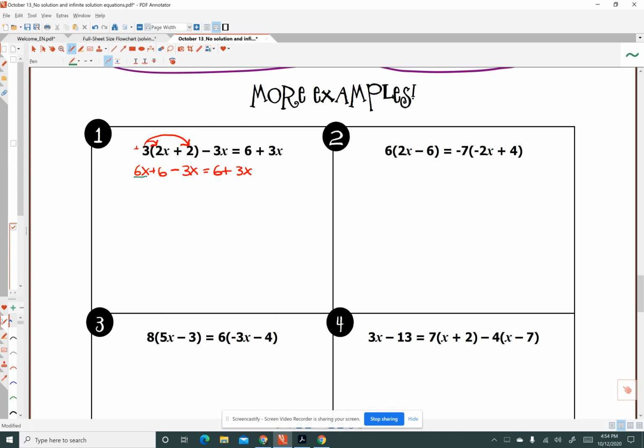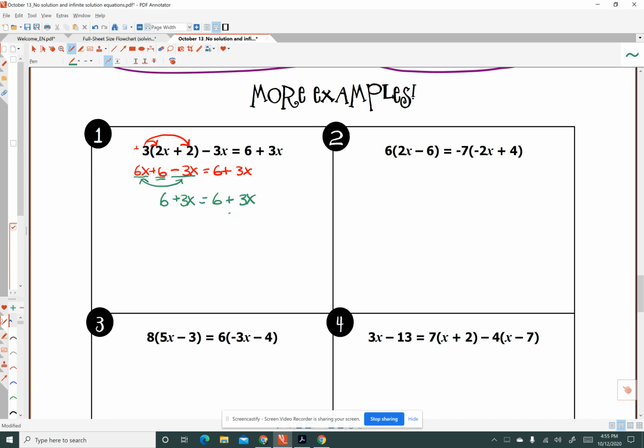We have 6x minus 3x, so that would be 3x. So we've got our constant of 6 here. And then we have our 3x. 6 minus 3 is positive 3. And that's our left side. We have 6 plus 3x on the right side.